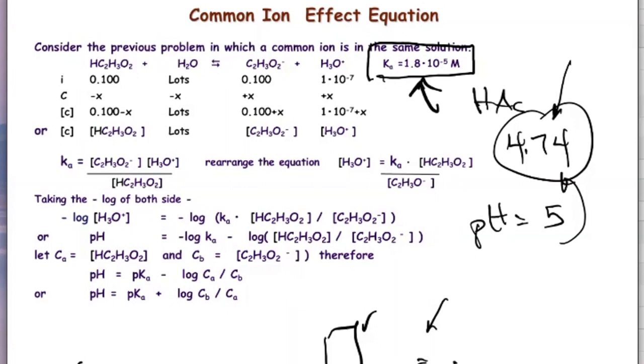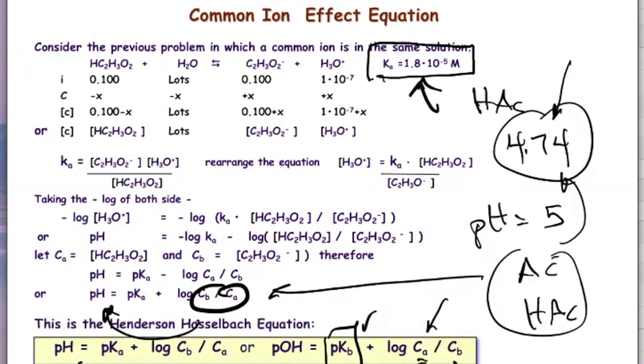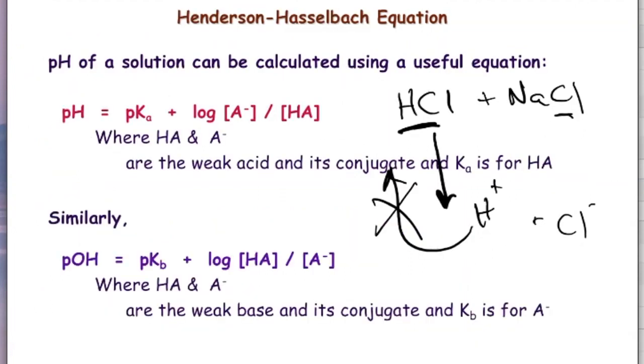And even though 4.74 and 5 are not identical, you can adjust the concentration of the acetate ion and the acetic acid, this ratio right here, so that this value becomes 5. Okay, that's the whole concept of buffer solutions. Buffer solutions are so important in science, especially biological science, and the technician needs to know how to prepare them. Anyway, let me go ahead and move on from this.